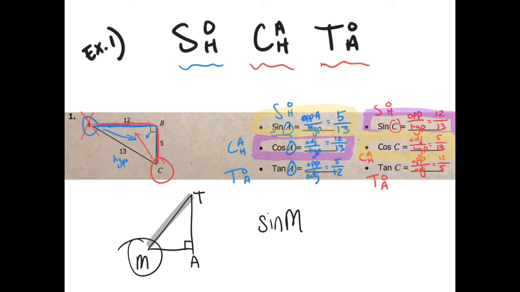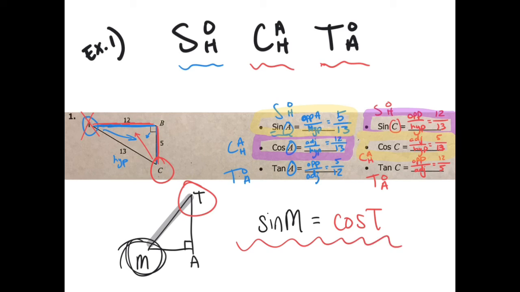So sine of this angle is going to be the same thing as the cosine of the other angle, cosine of T. Just something to be aware of. So just be on the lookout for that, because that happens.